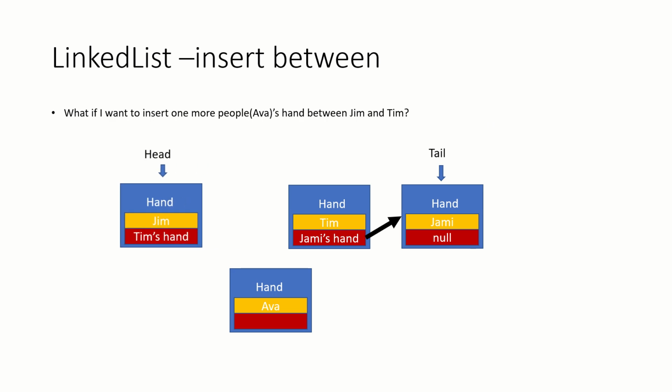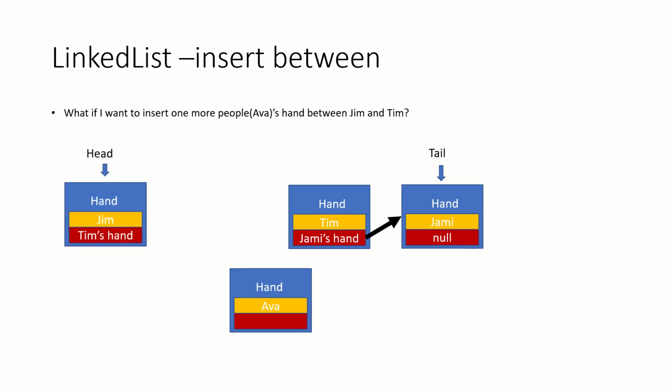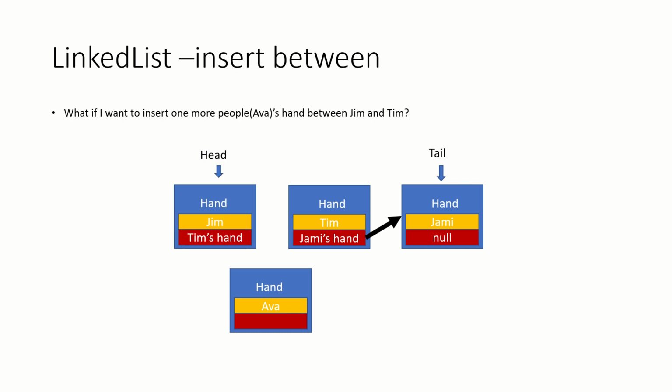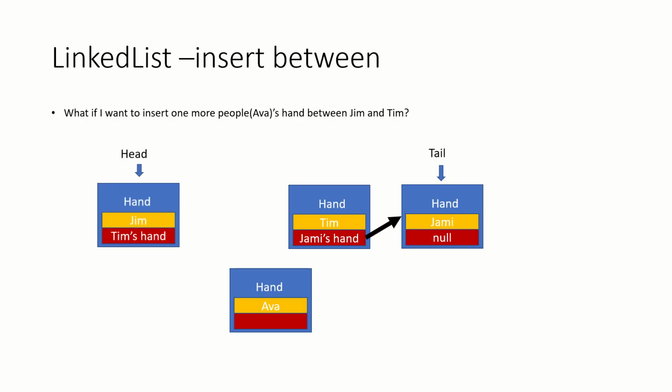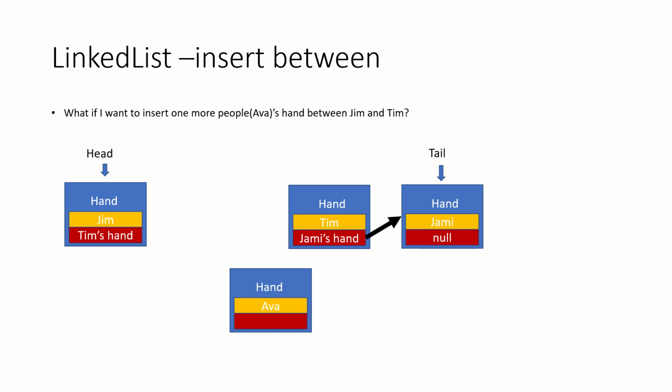Then we talk about how you insert something between the hands. For example, over here. Before we're doing this, we know Jim is the head, right? We want to insert one more between Jim and Tim.